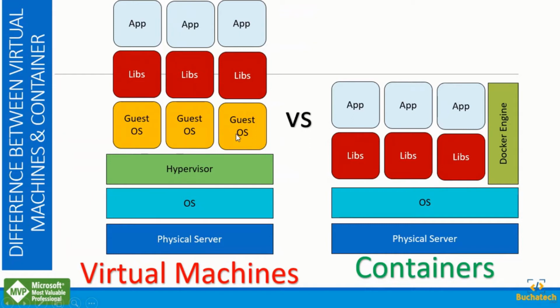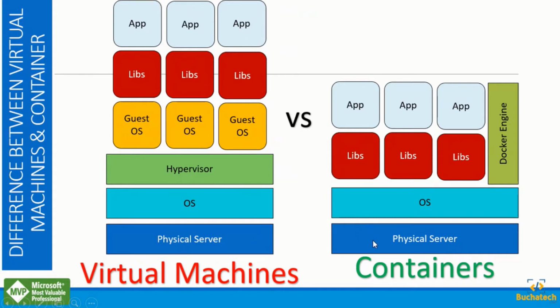And then you have your guest operating system, which is the guest operating system in the virtual machine. And then you have your dependencies for your actual application. So let's say this is a PHP based app or a Java based app, you might have Apache Tomcat running here, and then you have your actual application running at this layer. So there's a lot of layers here.